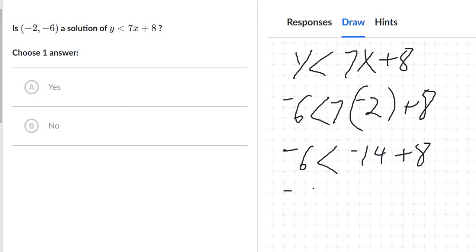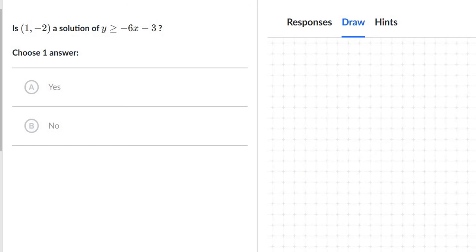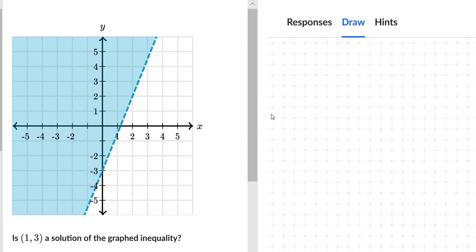Remember, use your calculator. Negative 14 plus 8 is going to be negative 6. So this is not true because these are equal. Negative 6 is not less than negative 6. So this does not fit in the system of equations. This would be on the line, and on a dotted line because it's only less than, not equal to. Okay, I think we did enough of those.